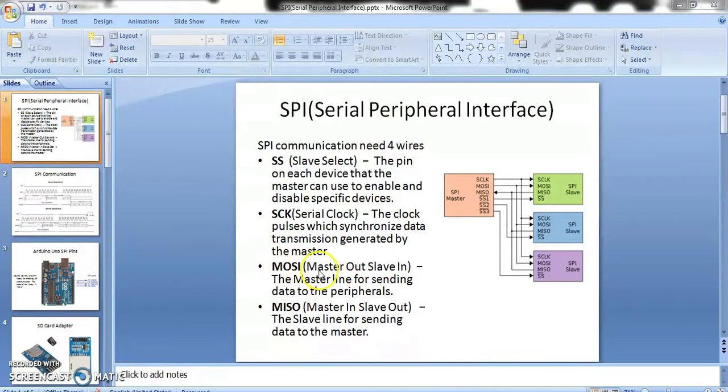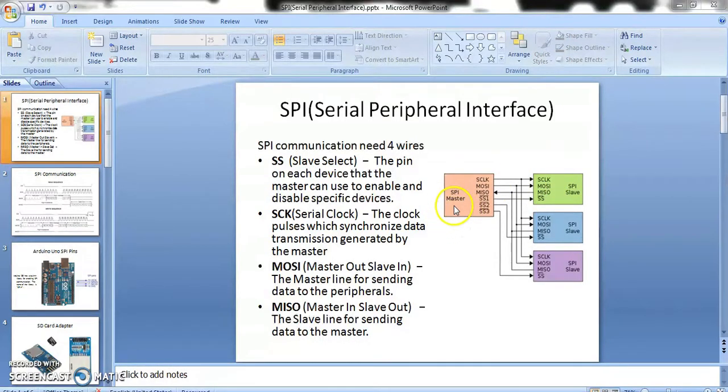And MOSI, that means master out slave in. Through this the master will command these slaves what to do. And MISO, that means master in slave out. Through this line MISO, the slave will send data to the master.